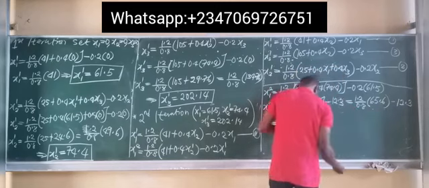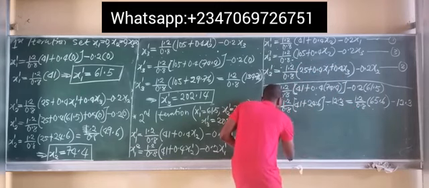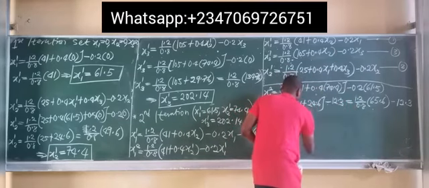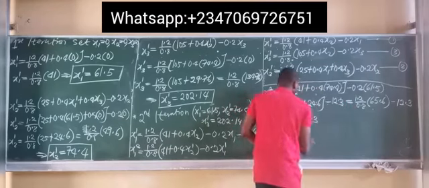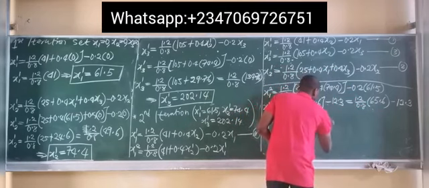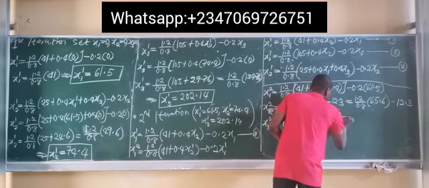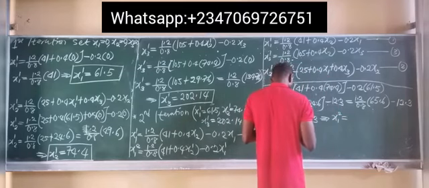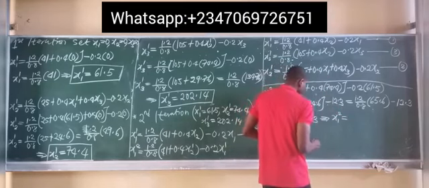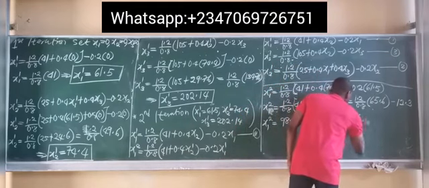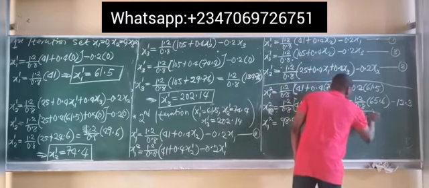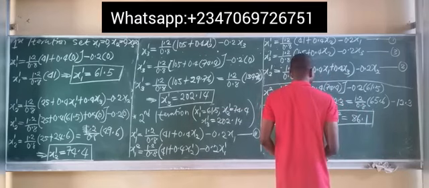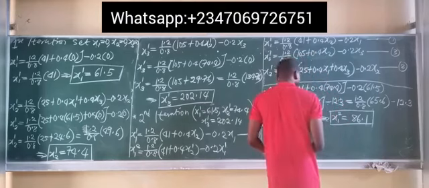The whole of this value gives us 98.4. We have here 98.4 minus, not forgetting, 12.3. This simply implies that the second iteration for the first variable x1 is now equal to 98.4 minus 12.3, that gives us 86.1. So this becomes the second iteration value for x1.